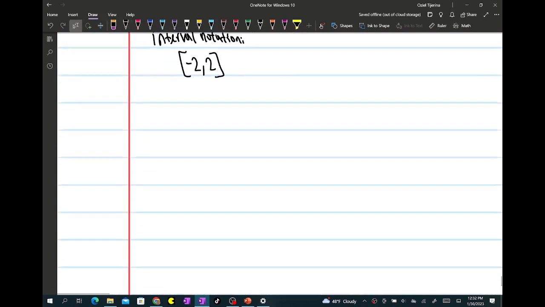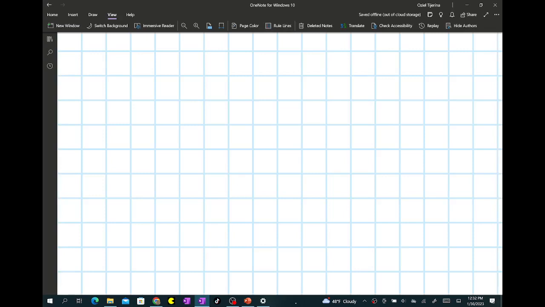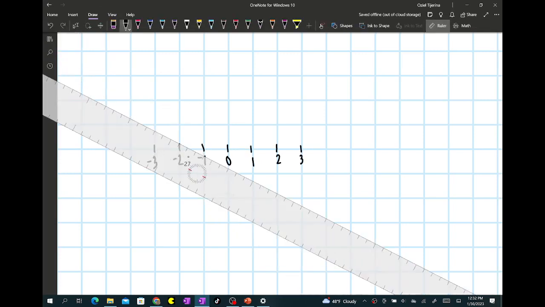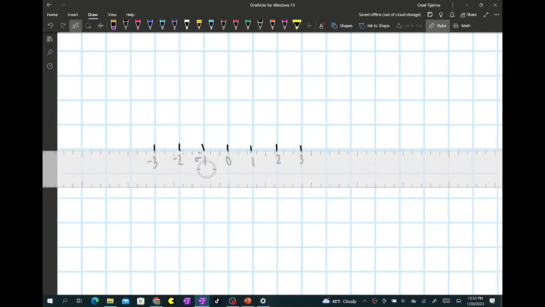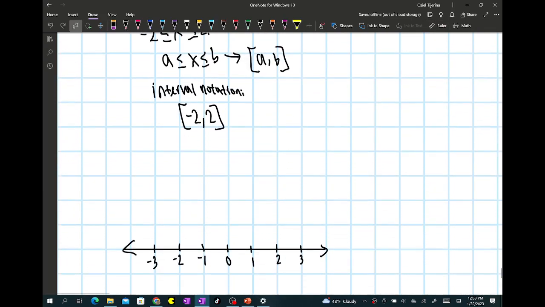Now to graph it, you would draw a number line. I can go from negative 3, negative 2, negative 1, 0, 1, 2, 3, right? So I draw a straight line like this and graph the inequality. From -2 to 2, when there's a bracket, this means we use a closed dot.